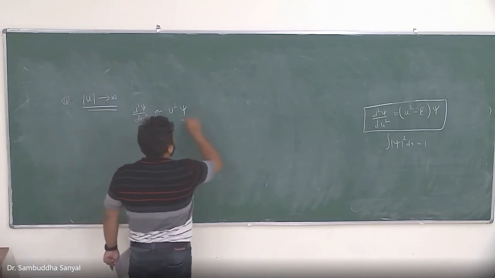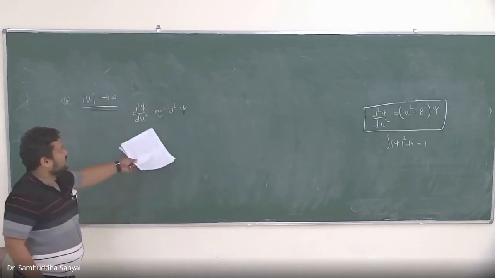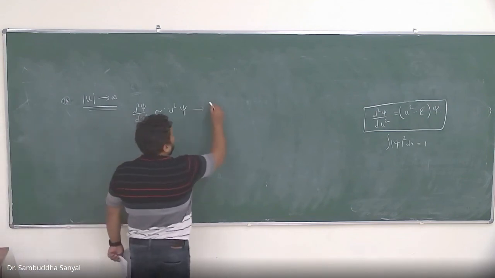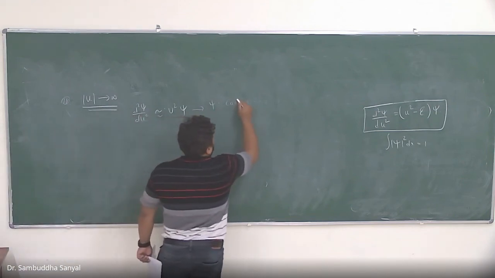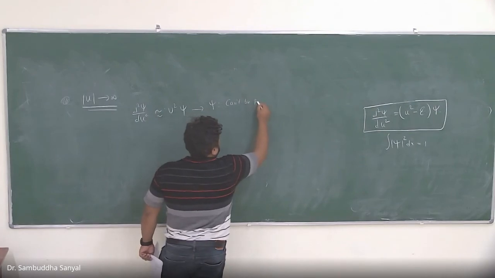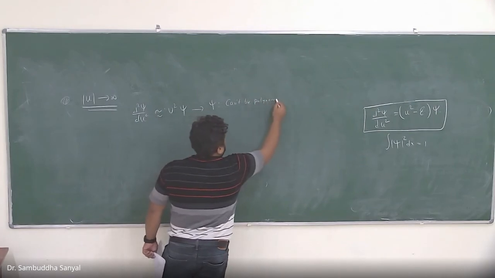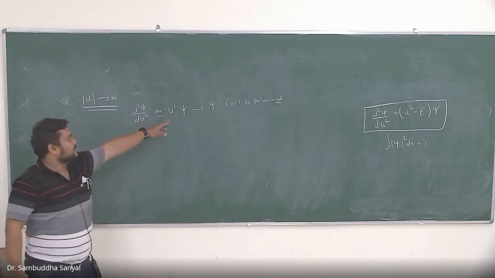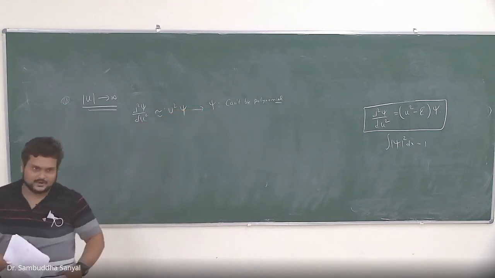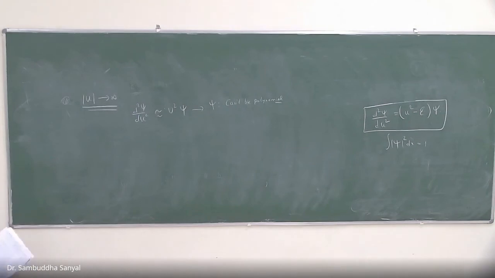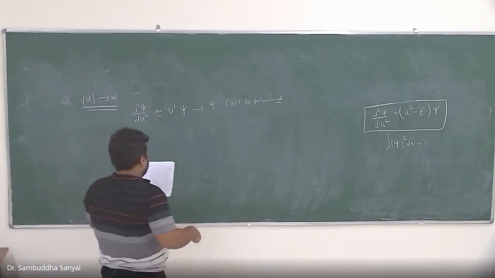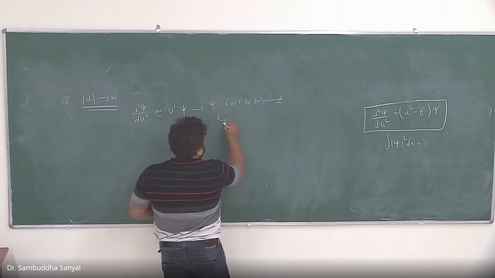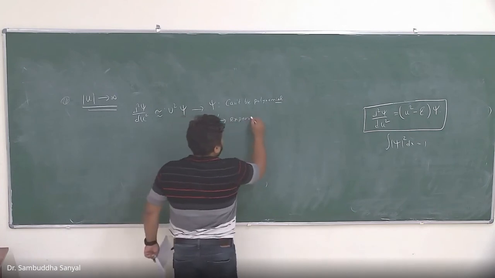Now, of course, what you can guess from here is that it cannot be a polynomial, because if you take two derivatives, you cannot have u square times that polynomial, right? So that's ruled out. It has to be some exponential.